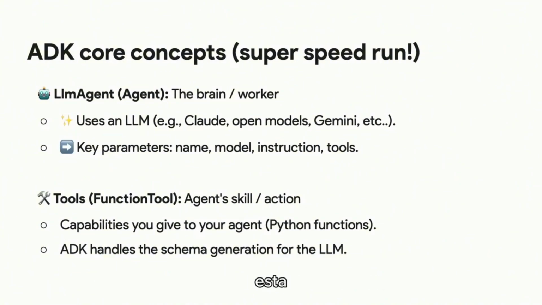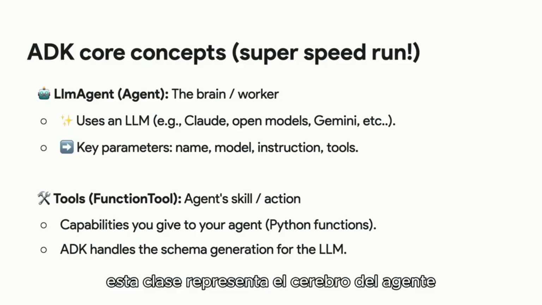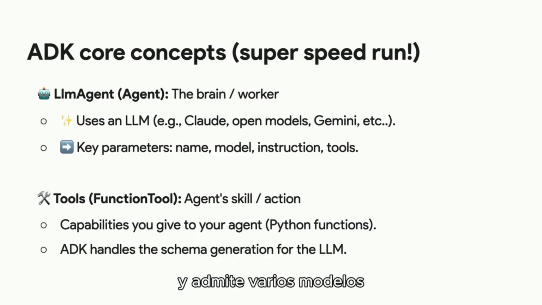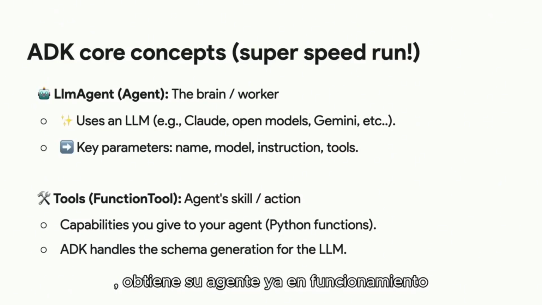This class represents the brain of the agent, and it supports several models, including Claude. Essentially, it requires you to set the model, give the agent a name, some instructions, and define the tools that you want to use. And then after you've done this, you get your agent up and running.